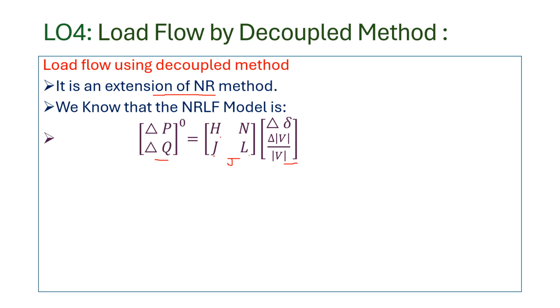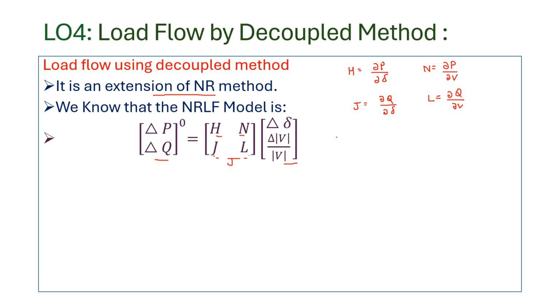Now, let us understand what H, N, J and L are. H is the derivative of P with respect to delta, and N is the derivative of active power with respect to V. J is the derivative of Q with respect to delta, and L is the derivative of Q with respect to voltage.